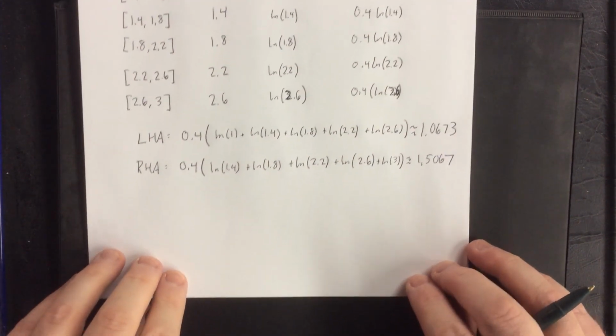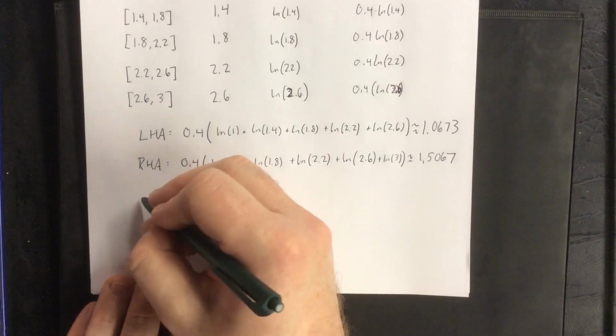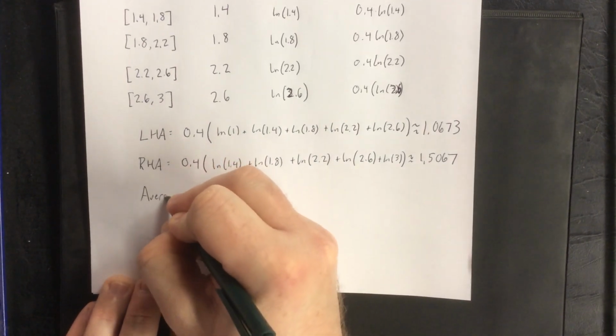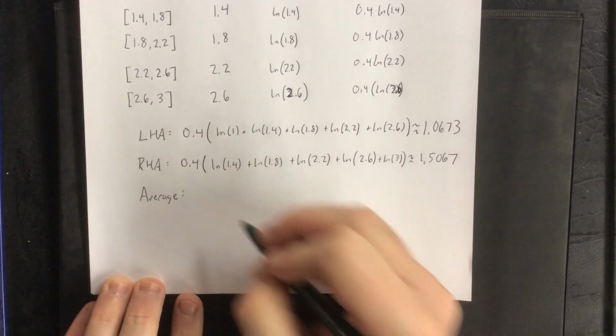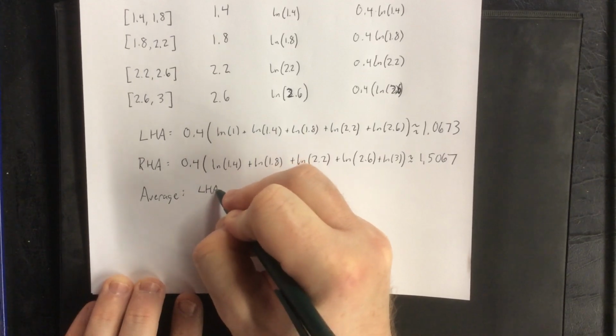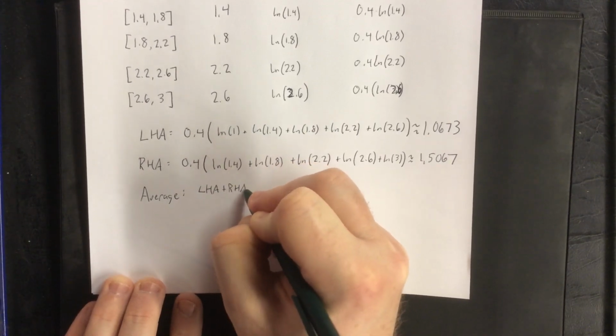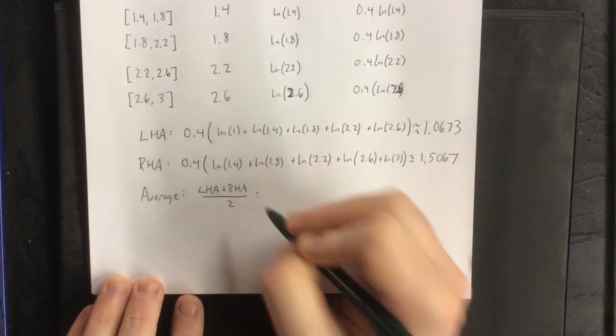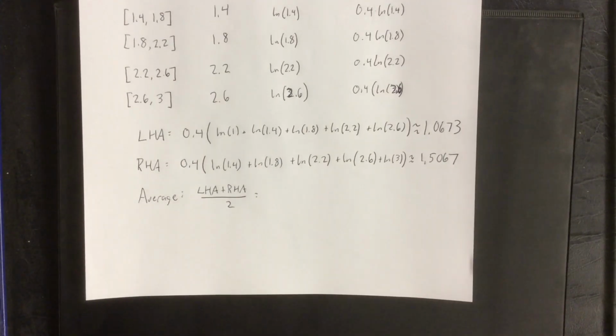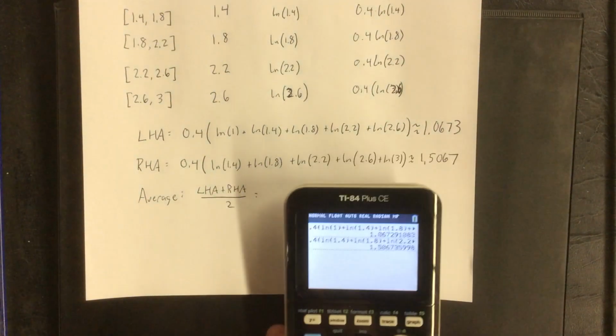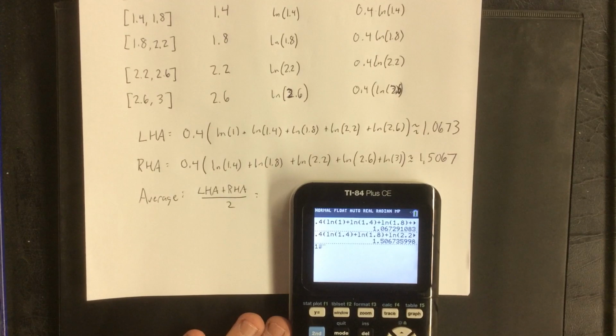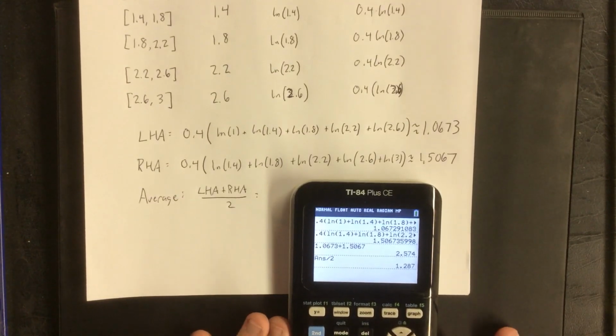Now a better approximation for the area is going to be the average of these two values. So we'll take the left-hand approximation plus the right-hand approximation and divide that by 2. For that, once again, I will be turning to the graphing calculator. That'll be 1.0673 plus 1.5067, and then we'll divide that by 2.